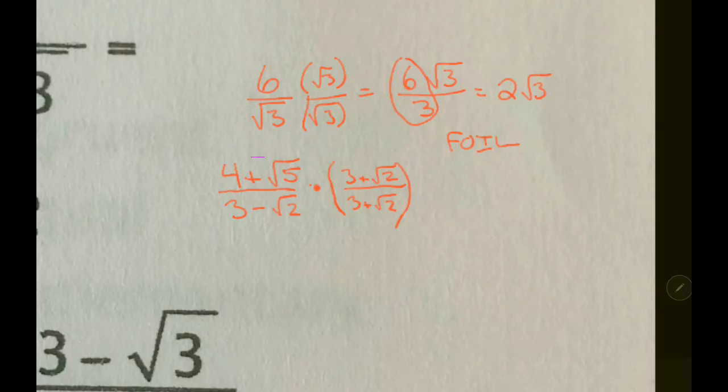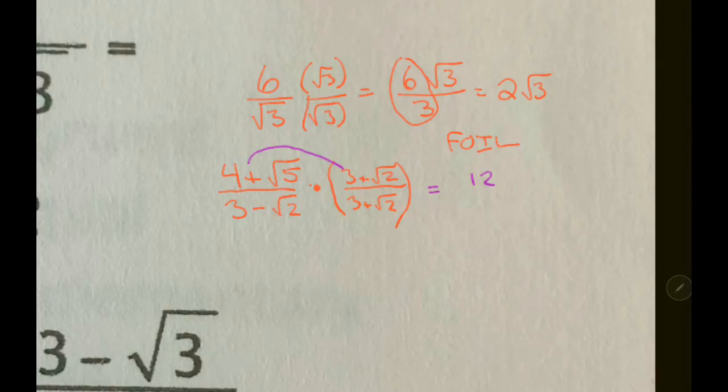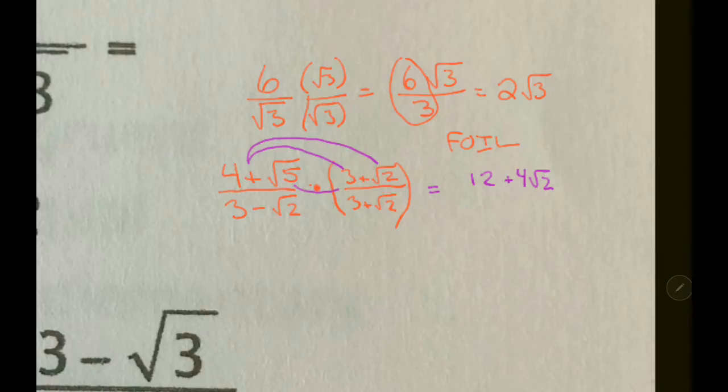We'll work on the numerator first this time. First is 4 times 3, which is 12. Outside, 4 times square root of 2. That's 4 square root of 2. Inside is square root of 5 times 3. That's 3 square roots of 5.